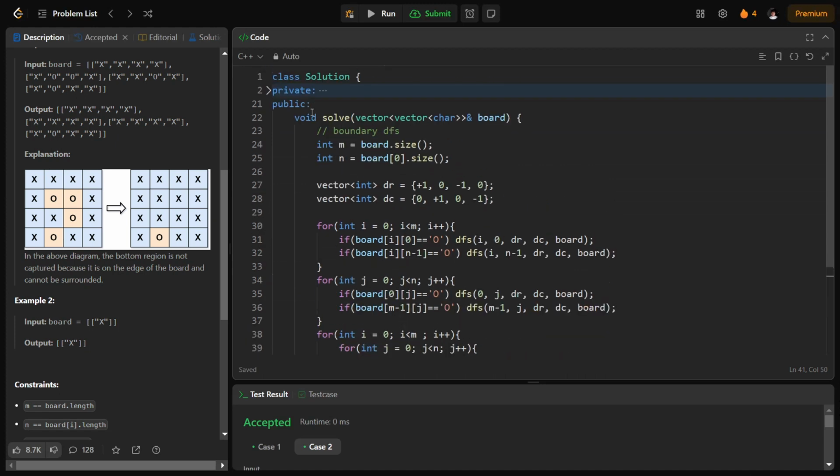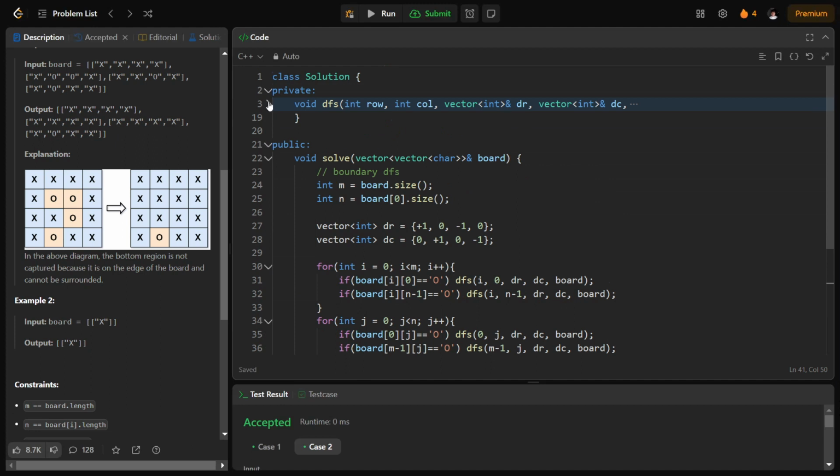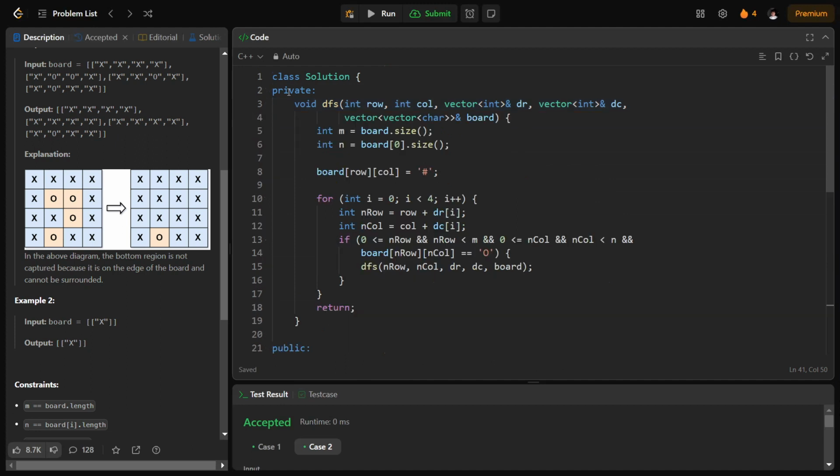Since in this case I would be using depth first search, and that too the recursive version, I get the M and N, the rows and columns. Since I would call this only when I see an O, I would mark that as a hash because I'm saying that this is connected with the boundary. Now I pass this delta row and delta column as a reference so that I can traverse.